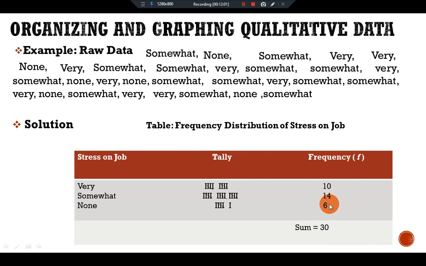If we sum these frequencies, we get 30. So this is the main procedure for making qualitative raw data into a reasonable form for understanding, and getting the frequency distribution of that qualitative data.